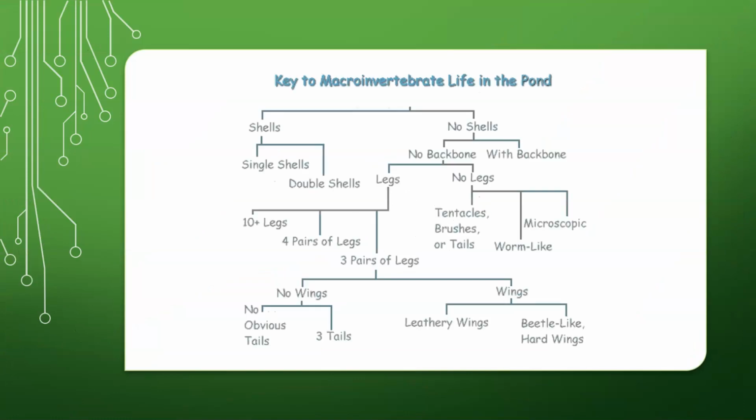So here we've got an example of a dichotomous key where we are trying to identify micro-invertebrate life in a pond. We've got our organism and we're looking at it, and our first choice is, does it have a shell or not? If it has a shell, we'd go to the left. If it has no shell, we'll go to the right. So you see that at each step you've got 2 choices.